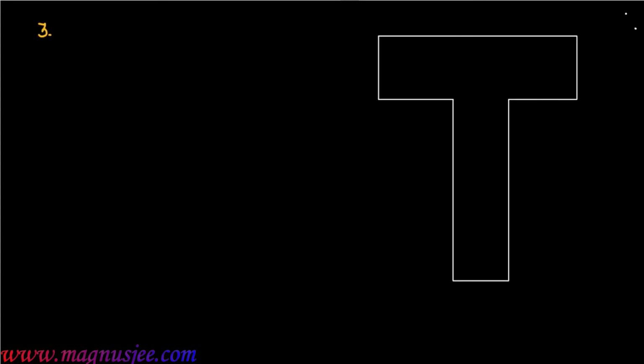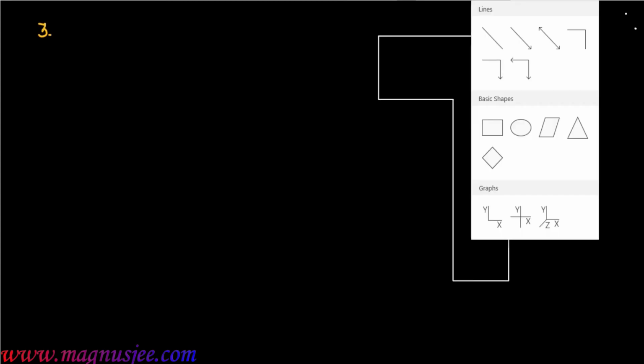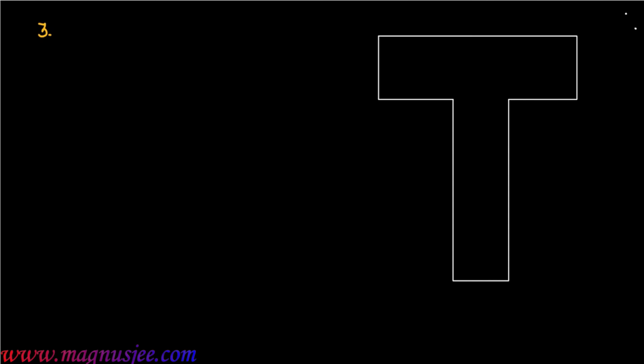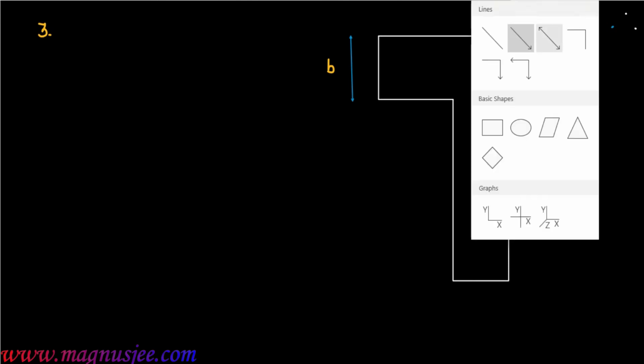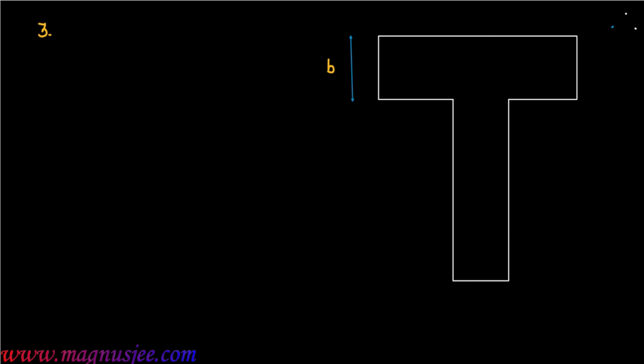Number 3 topic is, we can consider a T-shaped plate, and the width of the horizontal part of this plate is b, and the width of the vertical part of the plate is also b.